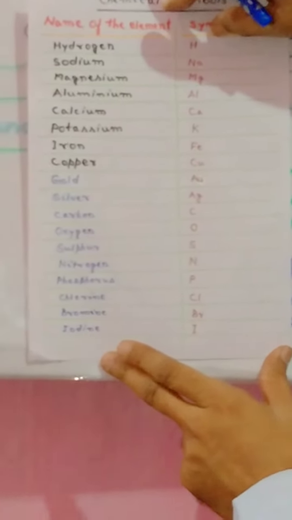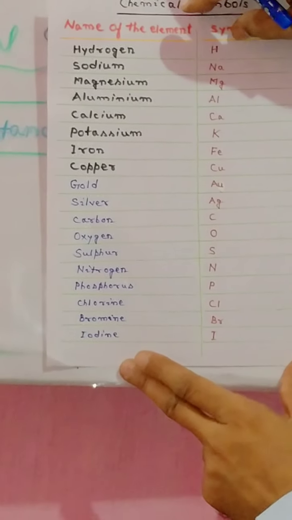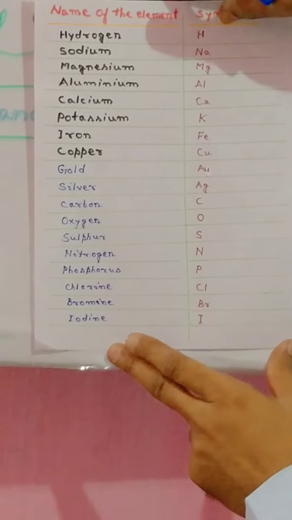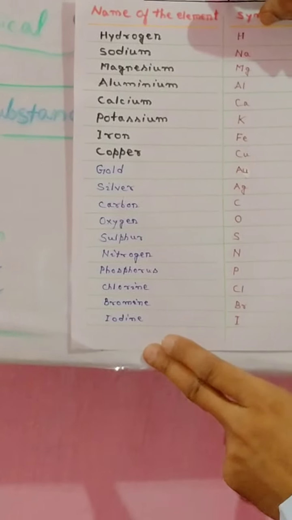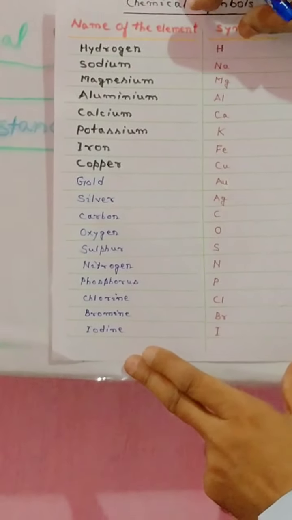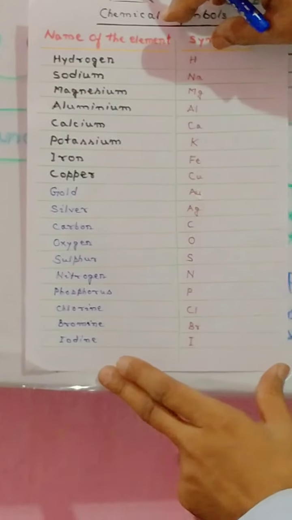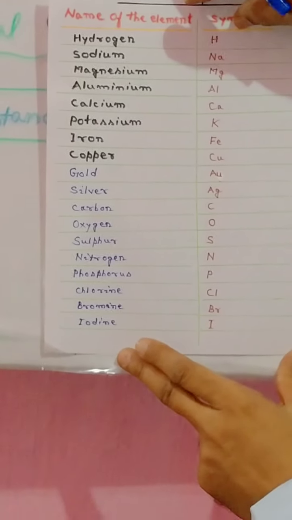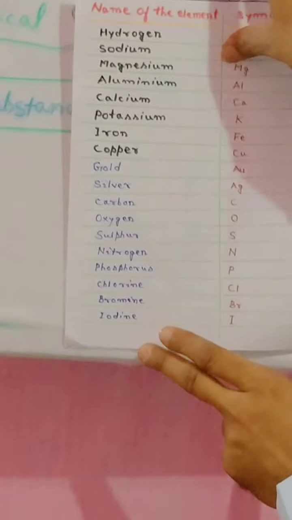Just see here: hydrogen has the symbol H, sodium Na, magnesium Mg, aluminium Al, calcium Ca, potassium K, iron Fe, copper Cu, gold Au, silver Ag, carbon C, oxygen O, sulfur S, nitrogen N, phosphorus P, and chlorine Cl, bromine Br, iodine I. That's all about the chemical substances and process. Thank you.